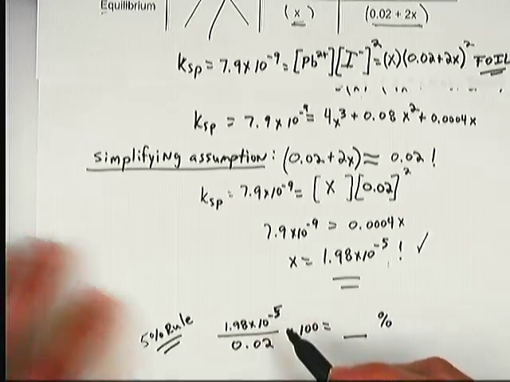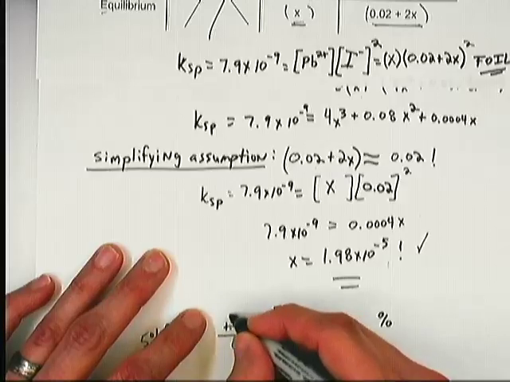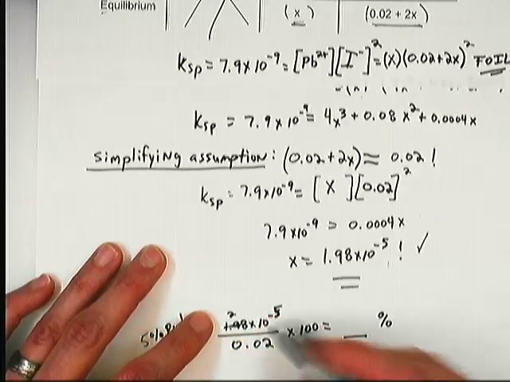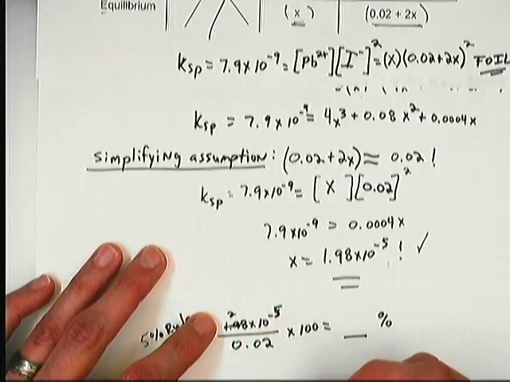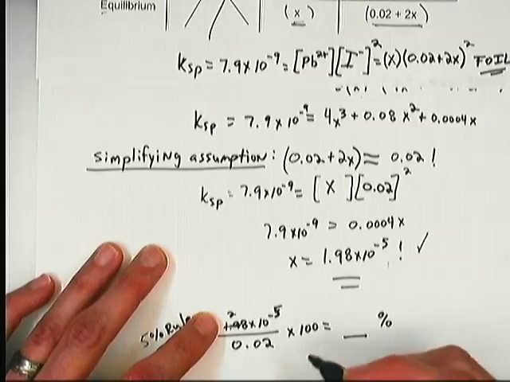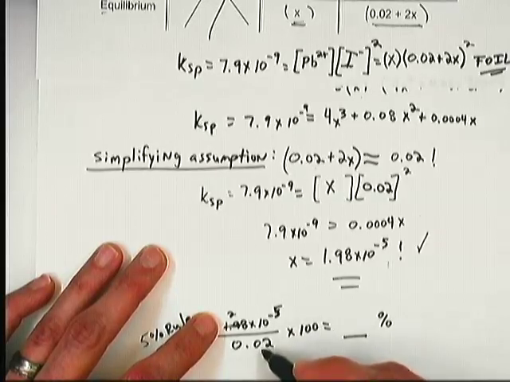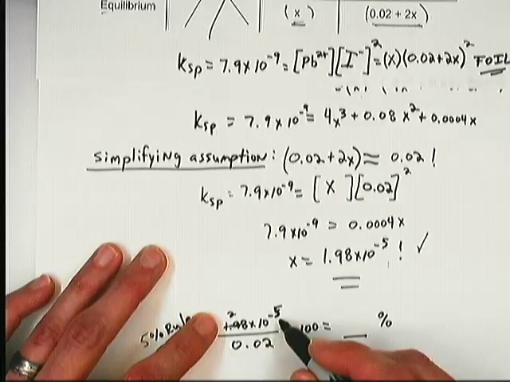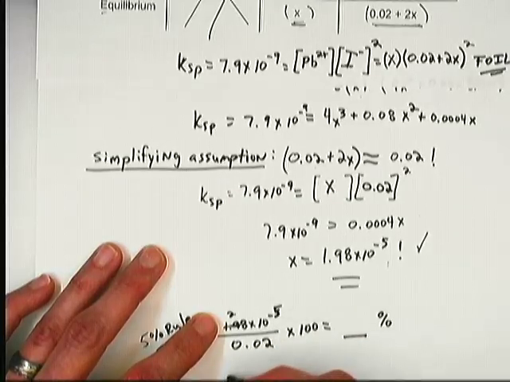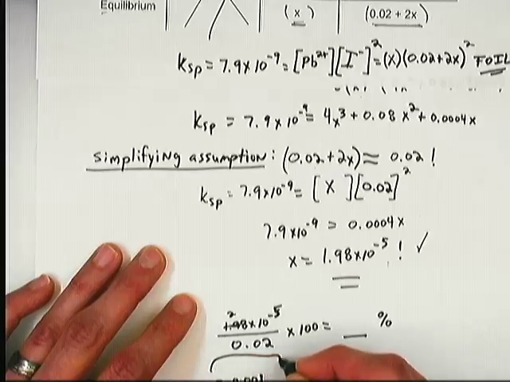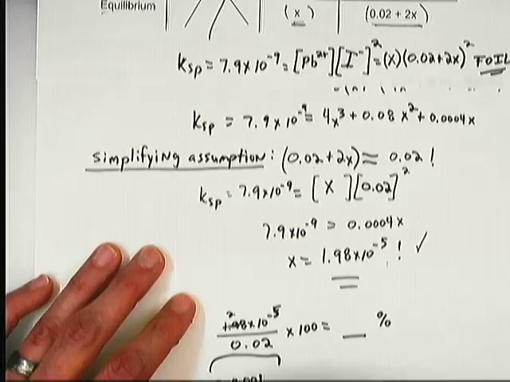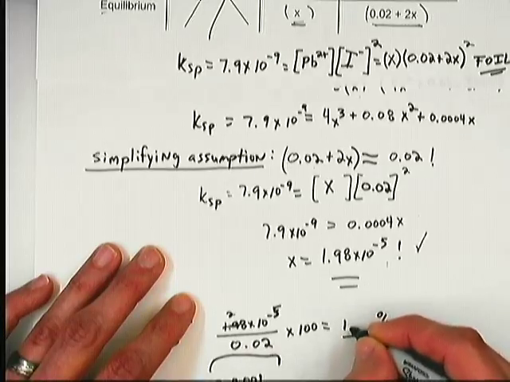So if I round this up to say, make it just a little bit bigger, to 2 times 10 to the minus 5, just so I can kind of estimate here, sort of see what we got, okay? So this is 10 to the minus 2, this is 10 to the minus 5, so it looks like there's a factor of 1,000 difference between these numbers. So if I'm not mistaken here, this term without multiplying should be this. And then if I multiply by 100, I move the decimal place 2 spots.